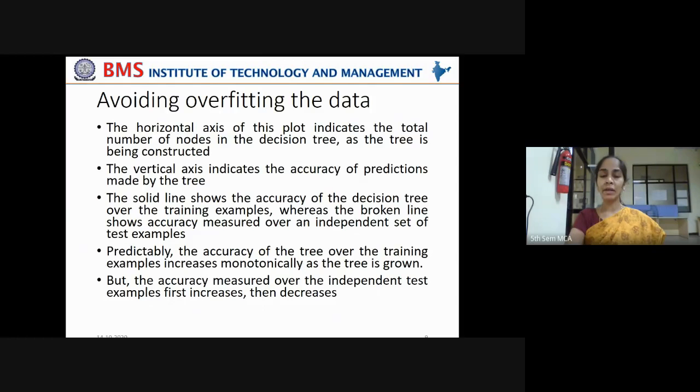But the accuracy measured over the independent test examples, these are hidden examples which are not shown to the model, and we ask the model to predict the outcome label of this unseen data, that performance started coming down. First, it increased up to some extent. After that, they couldn't generalize well. They couldn't predict well. The accuracy is dropping down.